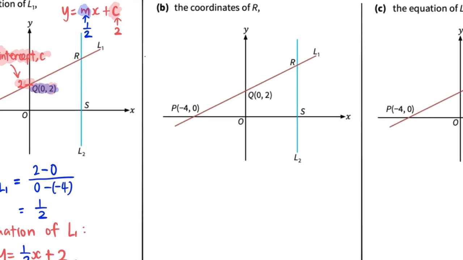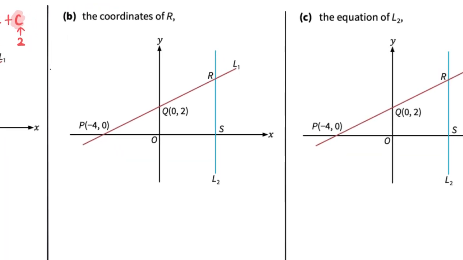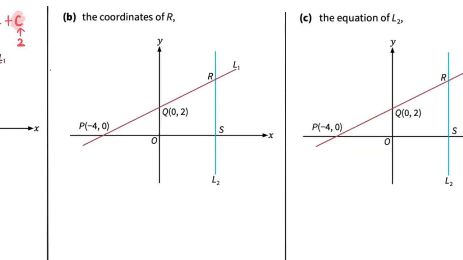For part B, we are required to find the coordinates of R, and they give us a very important clue. They tell me that PQ and QR are equal to each other.